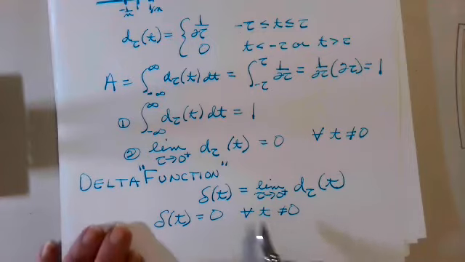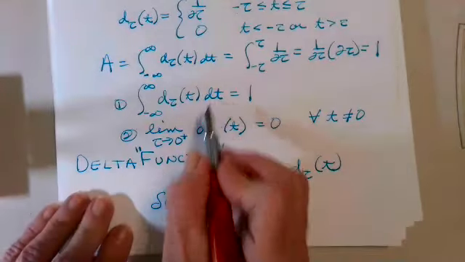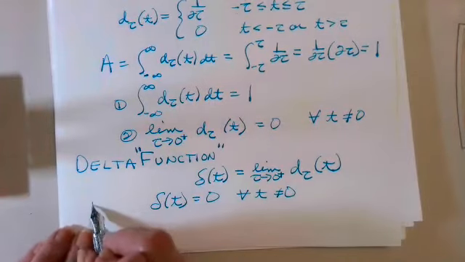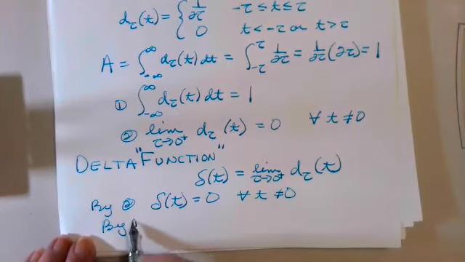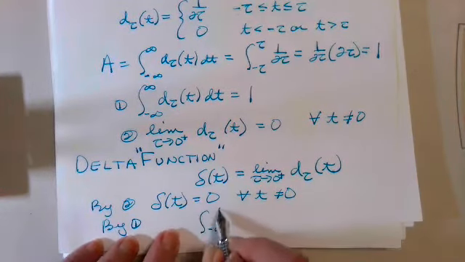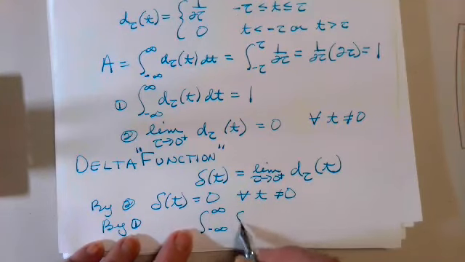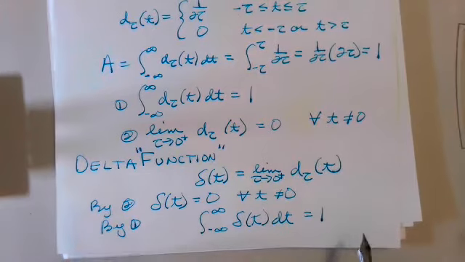We're leaving open what happens at t equals 0. Also, by property 1 of d tau, we see that the integral from minus infinity to plus infinity of delta of t dt is equal to 1.